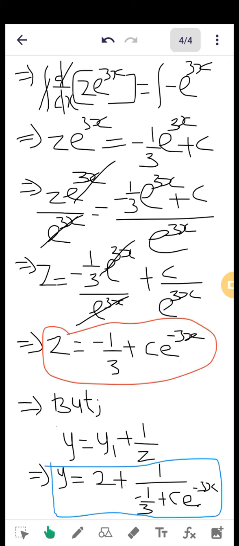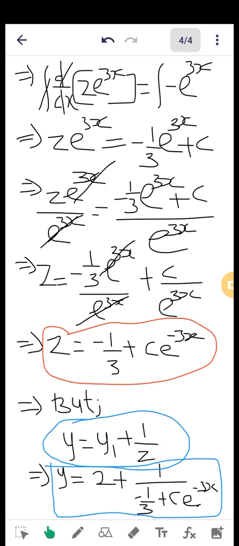But in a Riccati equation, after finding the solution for z, remember not to forget this expression. We make a substitution using it: y equals y1 plus 1 over z.